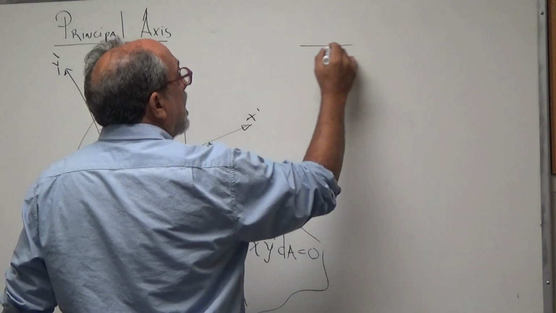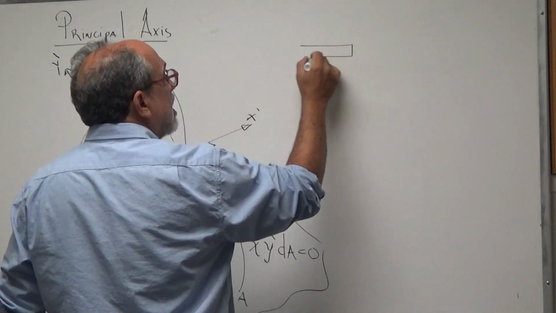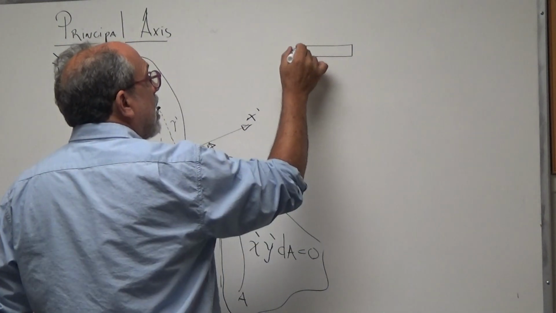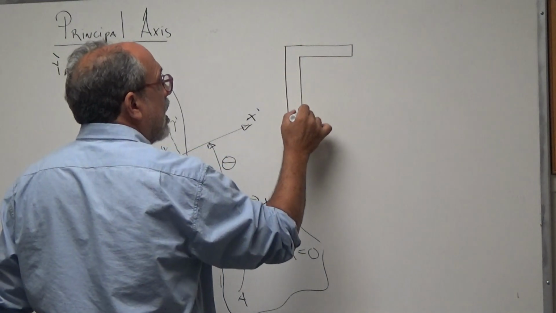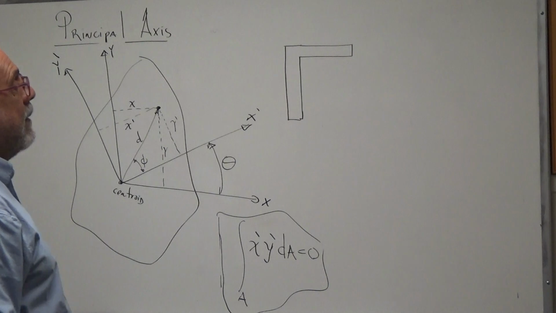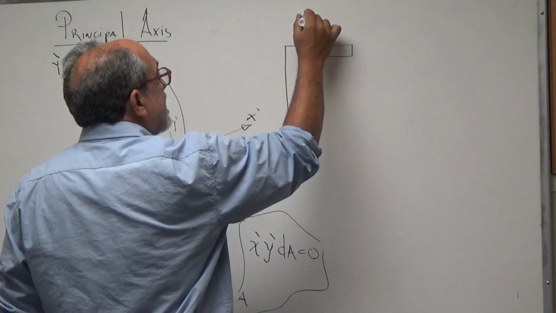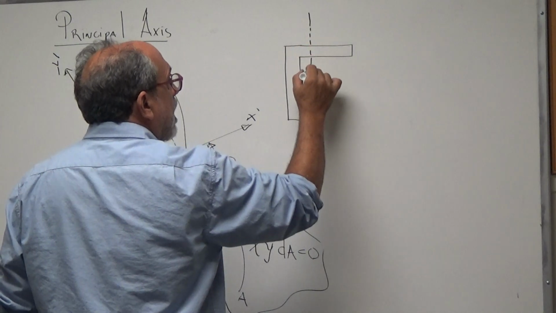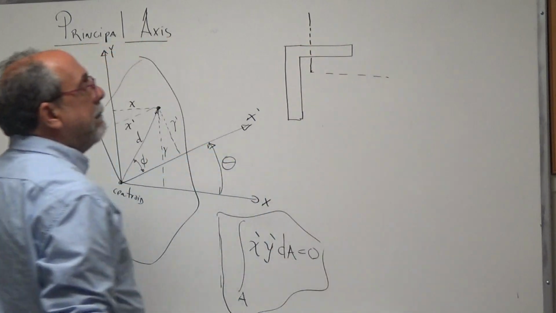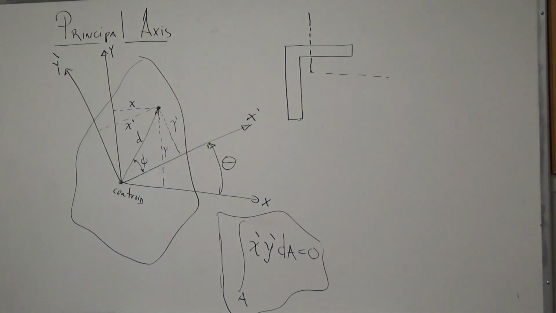Now, if we take, I don't know, a cross section like this, all right? Let's say the centroid is here, and let's say we look at x and y. And we want to see if those are principal axes.